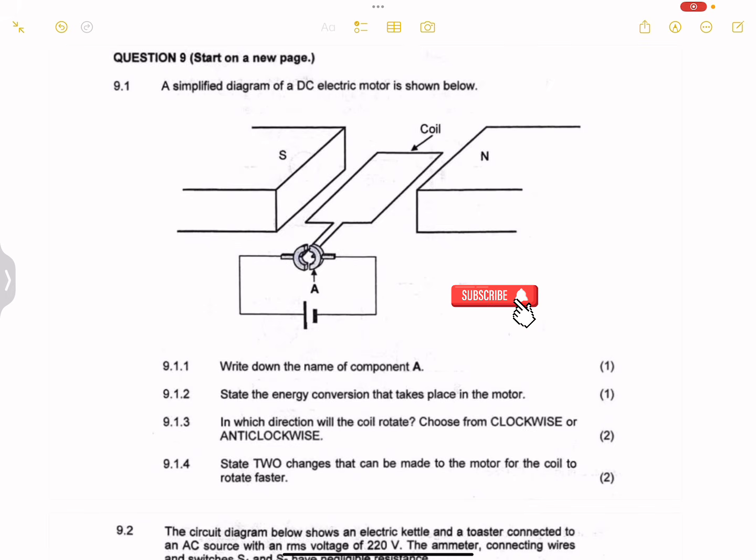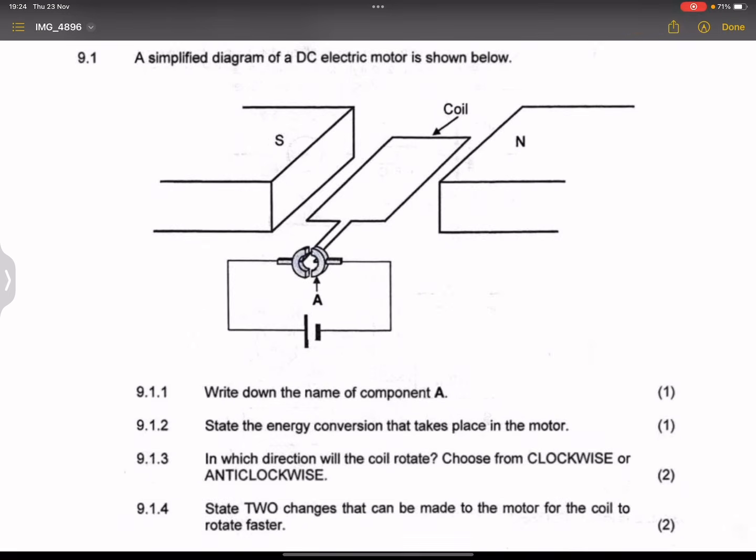They say in which direction will the coil rotate? Choose clockwise or anti-clockwise. Remember, first of all, we know that our current moves from that direction. Say, on that side, let's call it side AB, our current is moving inside the page. So take your second finger on your left hand and point it inside the page.